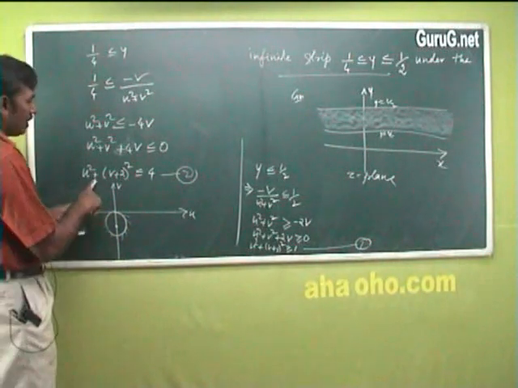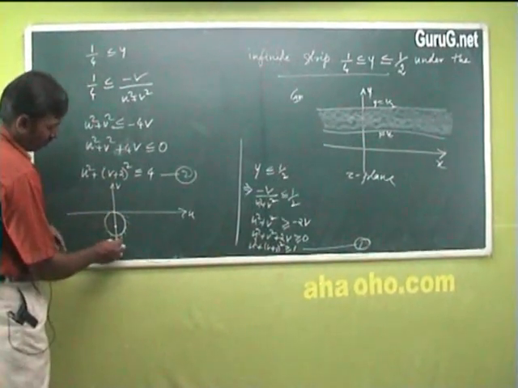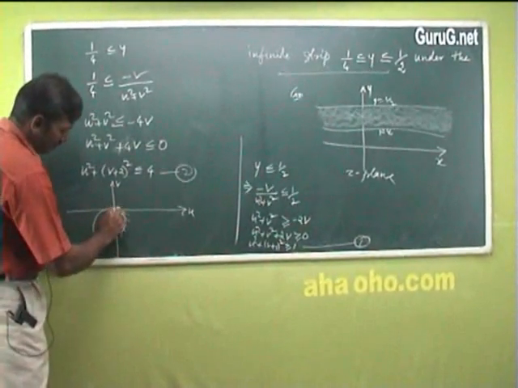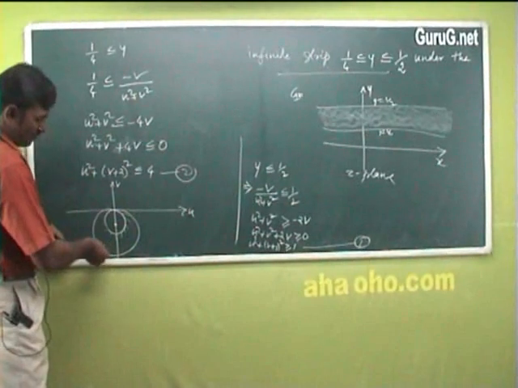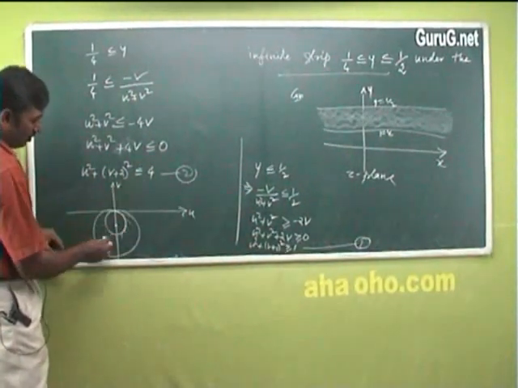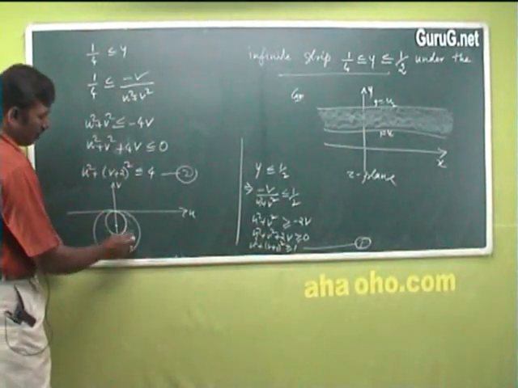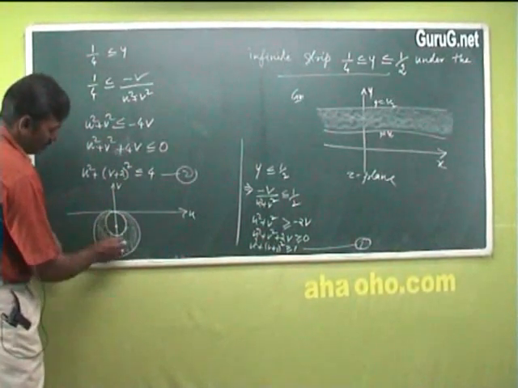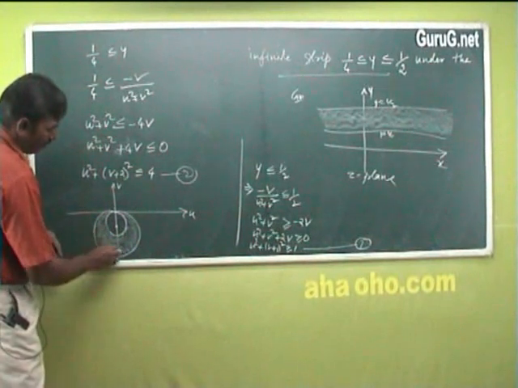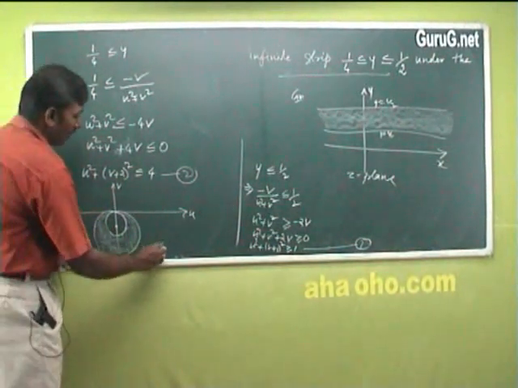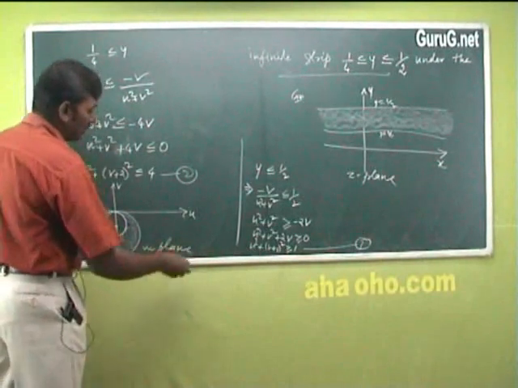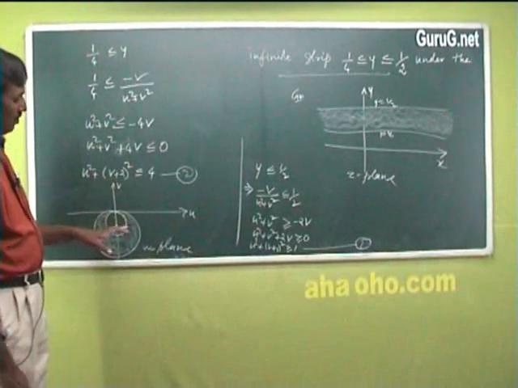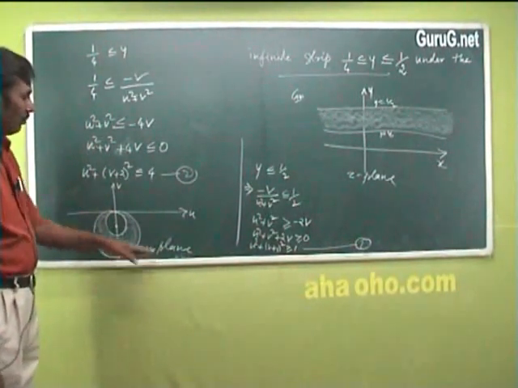And then 0, minus 2 is the center, so obviously you may get a circle like this. This is an interior circle. Now what will be the image? This is the image of the infinite strip. The image of the infinite strip in Z plane is transformed into an annular region of the W plane.